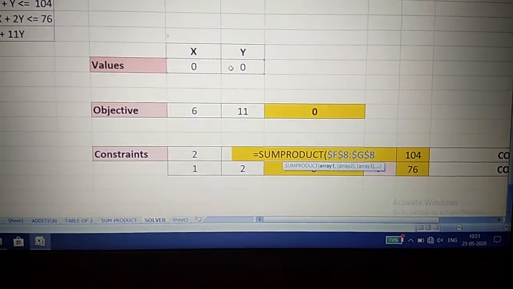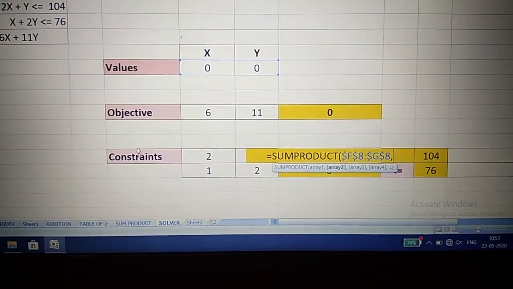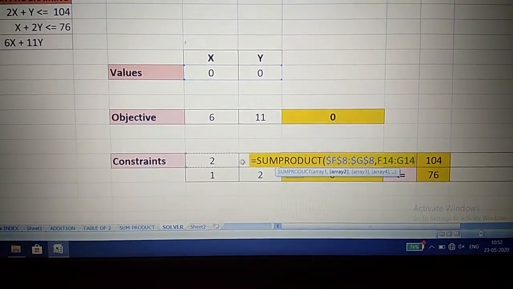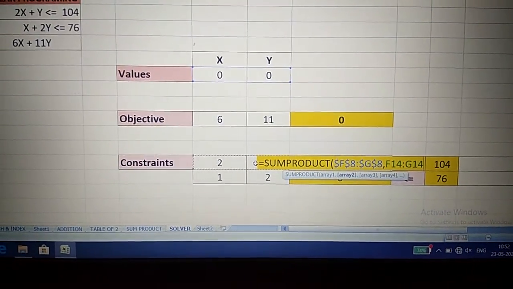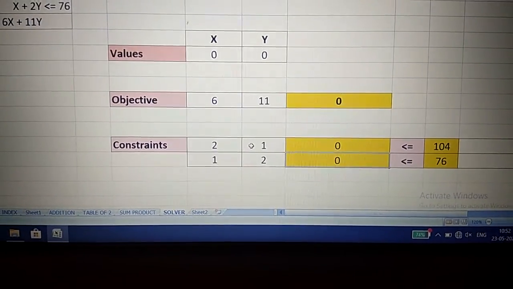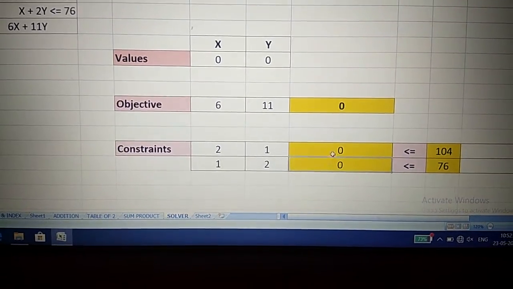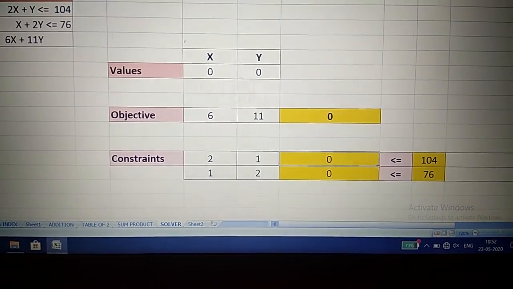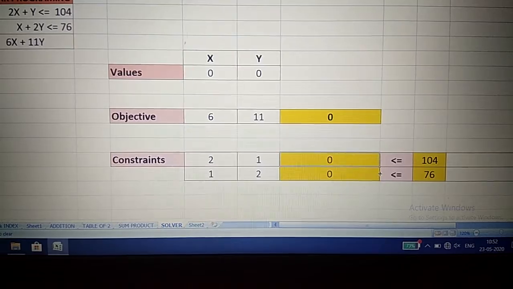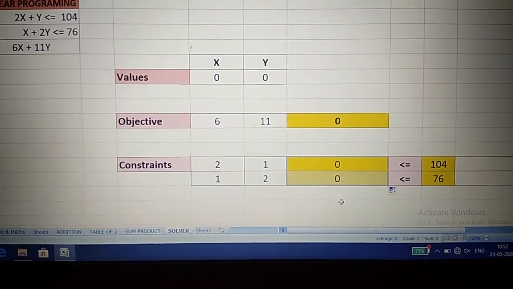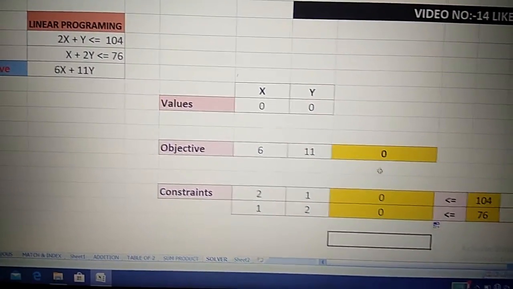So here the dollar signs, comma, and then this 2 and 1 adjacent one. Bracket closed. Enter. 0. Again come to this one, and just drag it. Here also the same function will come into play.